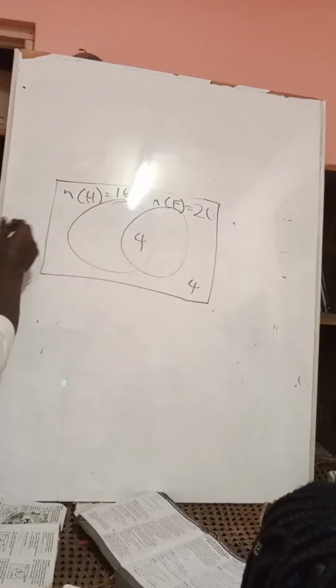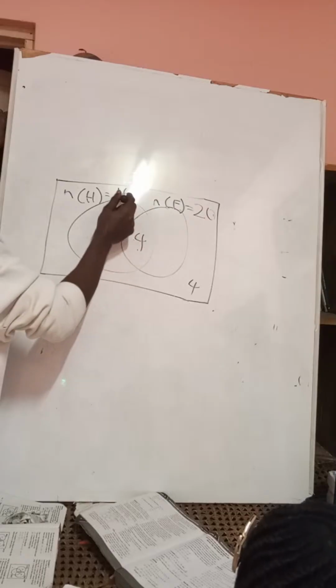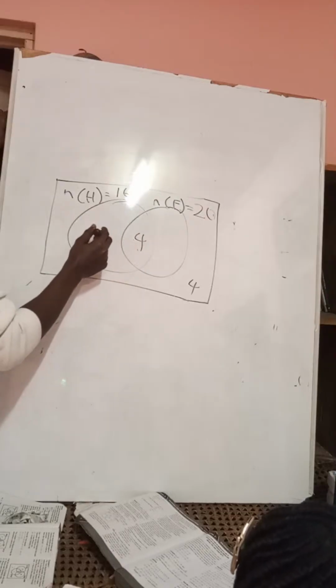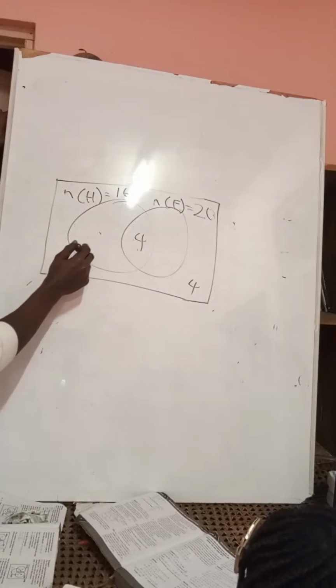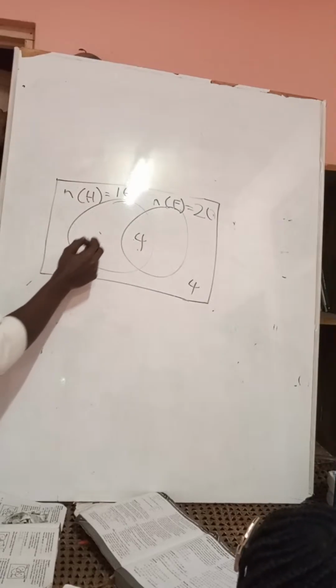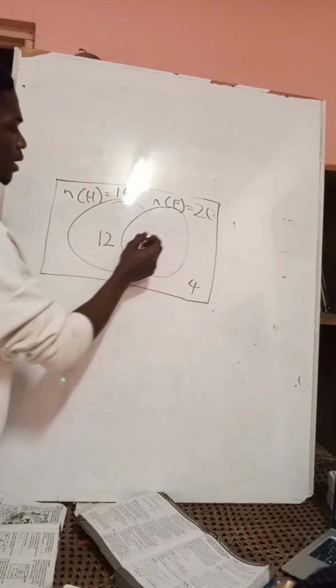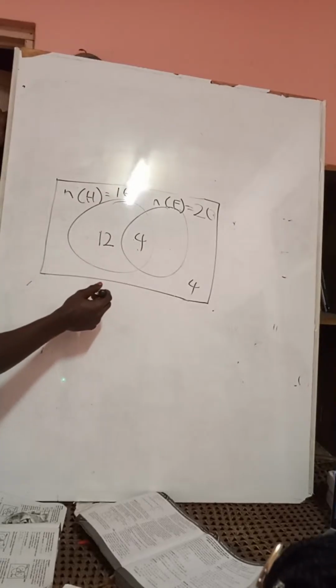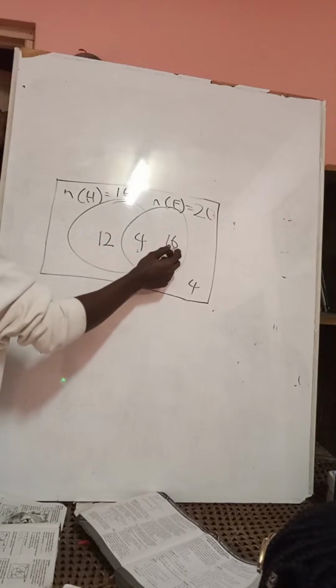First of all, this is 4. If this is 4 and the total is 16, what will be here? That will be 12. If here is 20 and here is 4, what will be here? 16.